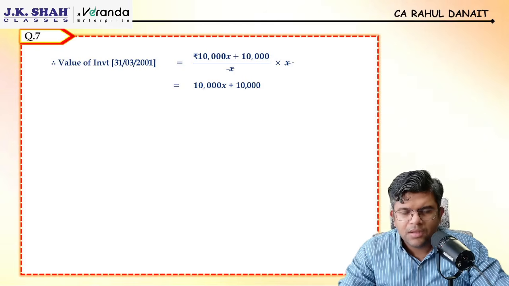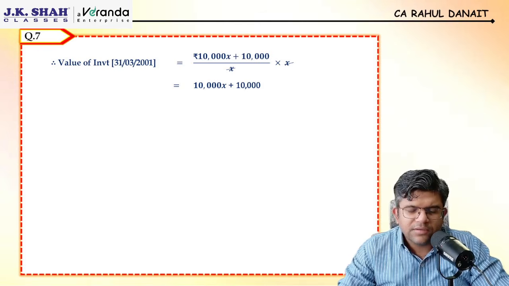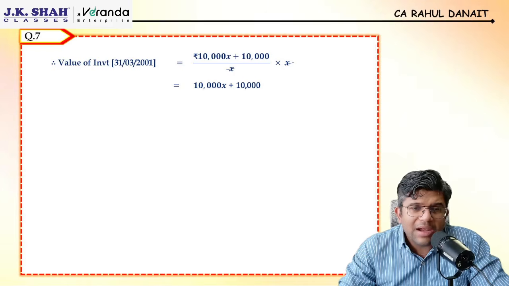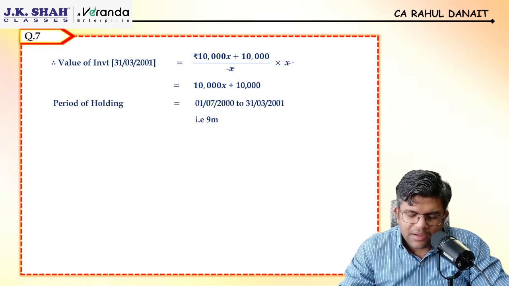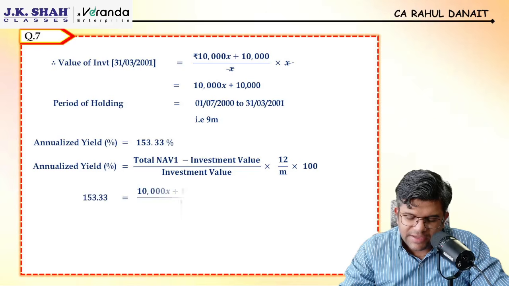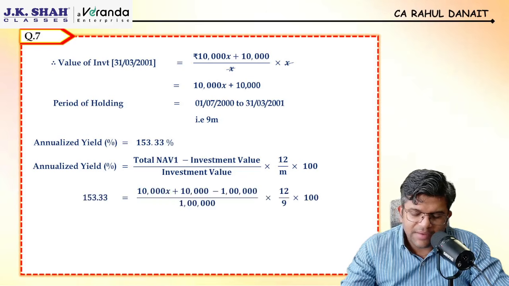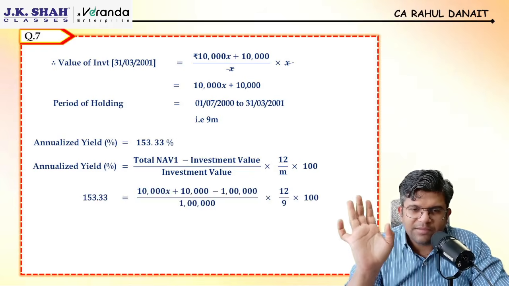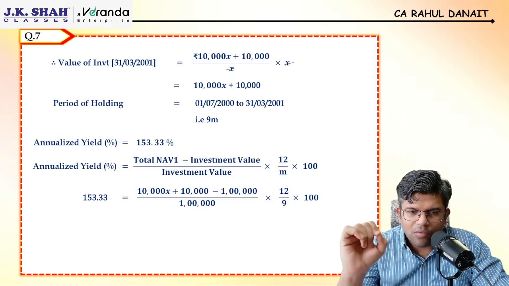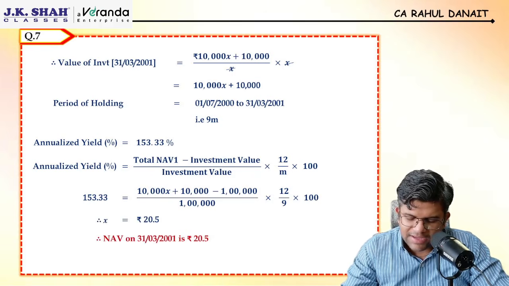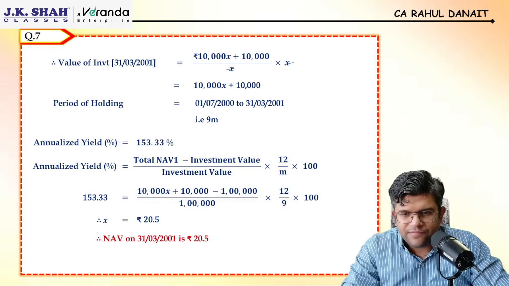Done? Okay. Now, students, we will now invoke the data that is given to us, that the annualized return is 153.3%. So 153.3% will be the total value of investment at the end of the year minus investment value 1 lakh, the whole upon 1 lakh into 12 by 9 by 100. And when you solve this, you get X as 20.5. Please complete. We have already discussed all of this. You have to just write it down now.